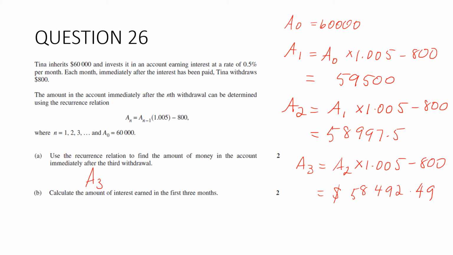Part B, calculate the amount of interest earned in the first 3 months. So we want to take this part here, and then this part here, and this part here, and work them out. But I don't want to multiply them by 1.005. I only want the interest part, which is the 0.005 bit.